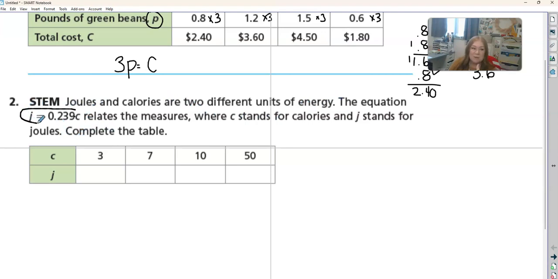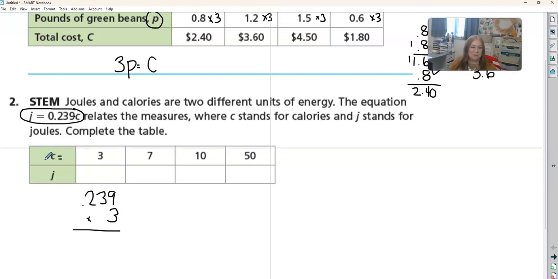So we need to use this equation here to fill it in. So all of these, we know what C is. So if I plug this in, I just need to take 0.239 and I'm going to times it by C, which is 3, and that will tell me what J equals. So all we're doing is substituting in and we get that answer back.